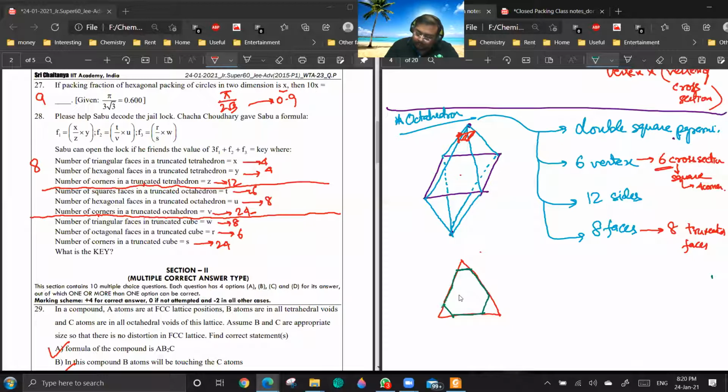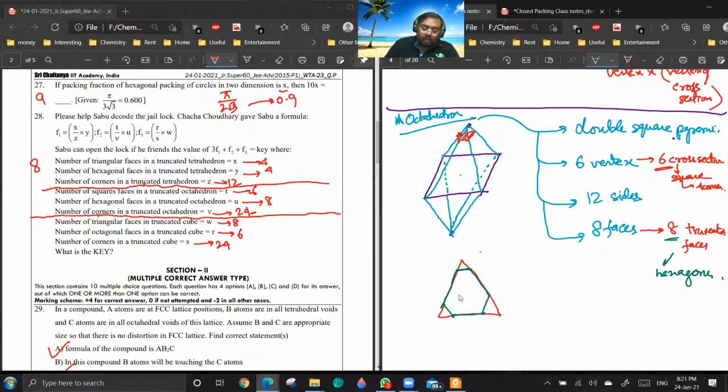It's a hexagon only. Yes or no? So for each face, you are getting one hexagonal face after truncation. Yes or no? Yes. So how many faces in an octahedron? 8. So how many hexagonal faces will you get? 8. 8 hexagonal. Okay.